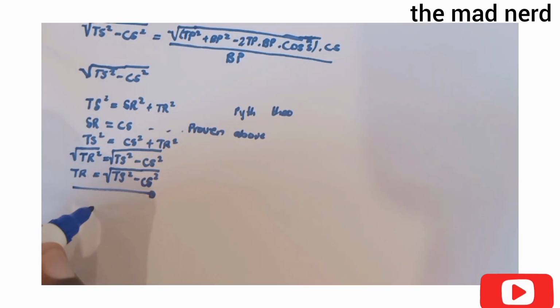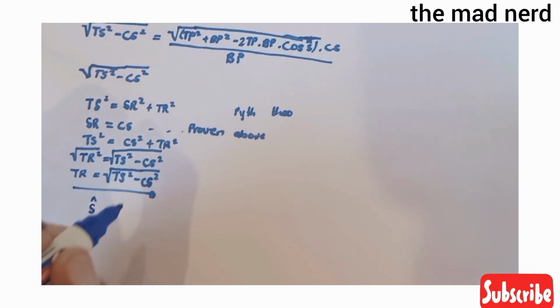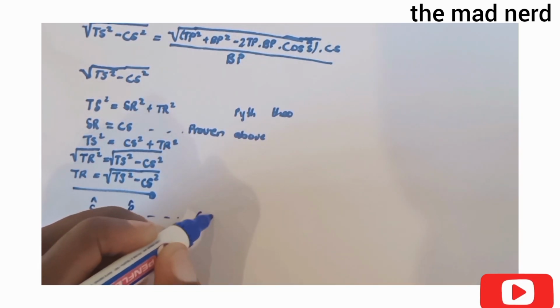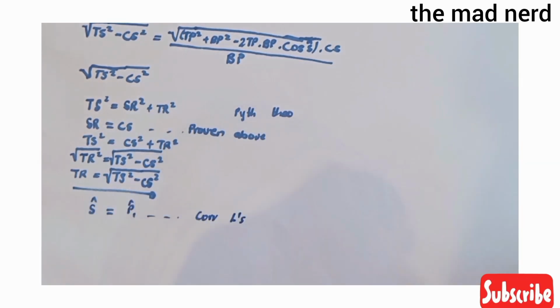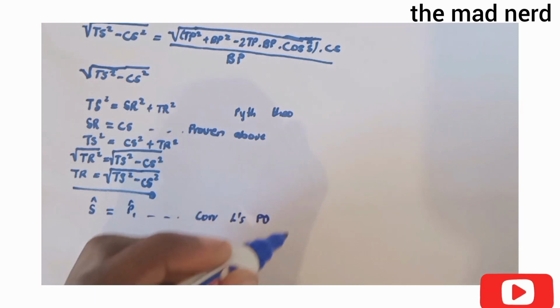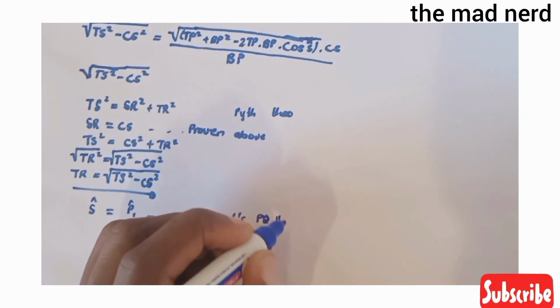So let's say angle S is equal to angle P1 because those are the corresponding angles, and the parallel lines are PQ, that is parallel to SR.